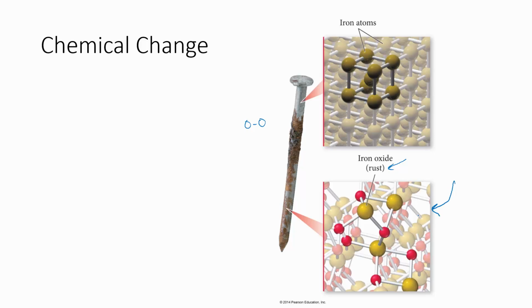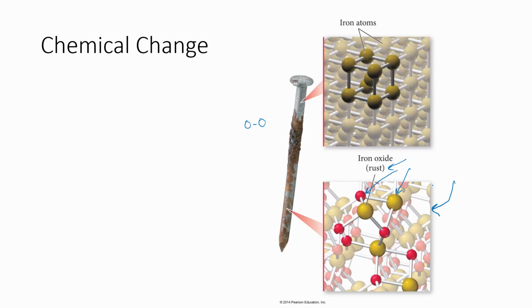So making iron oxide, where we have these iron atoms and oxygen atoms interbonded between each other in a crystalline structure here, and that represents a change in the attachment of the atoms to each other. Now that's different than the attachment of one molecule to another of the same exact substance.